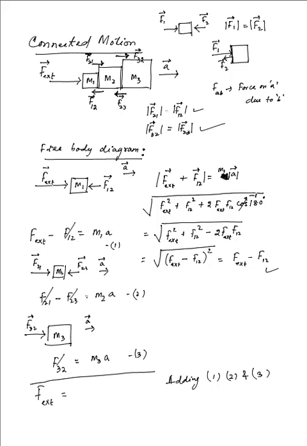The acceleration being common in each case, we can take the masses and add them up. So we have the total mass of the system, which is m1 plus m2 plus m3, and that multiplied with acceleration gives the magnitude of the external force that is being applied.